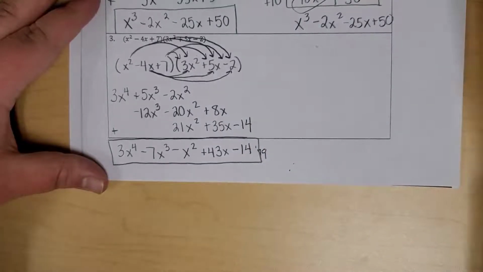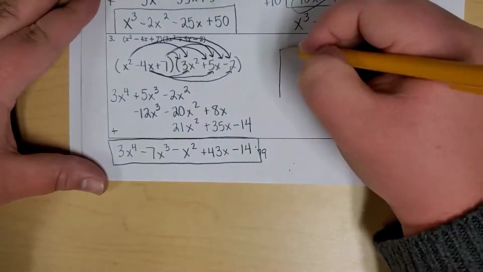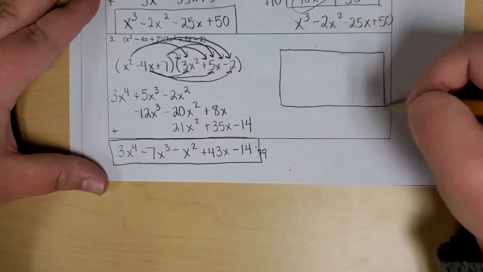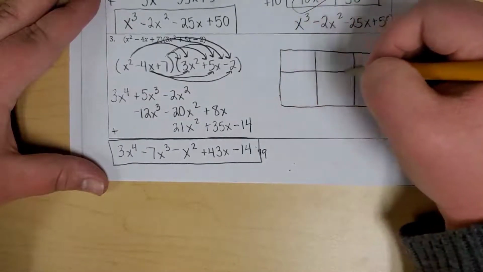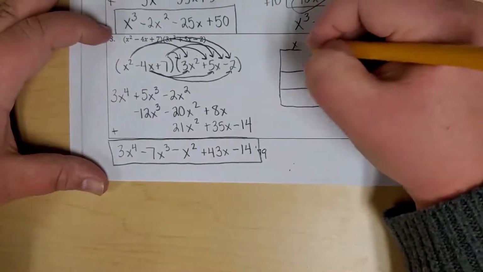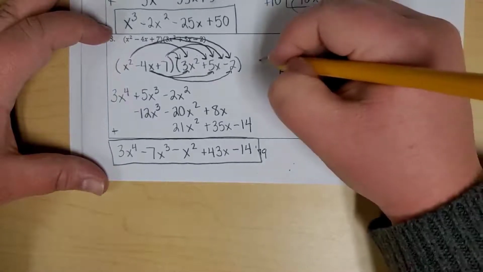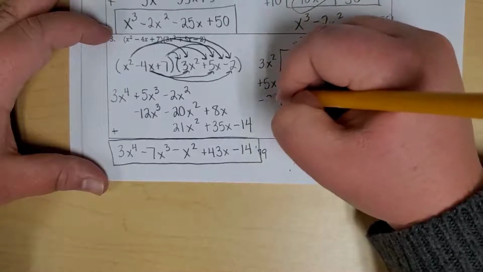All right, now for the box method. Again, it's a trinomial by a trinomial, so this time I need 3 columns and 3 rows. Okay, so I have x squared minus 4x plus 7 and 3x squared plus 5x minus 2.